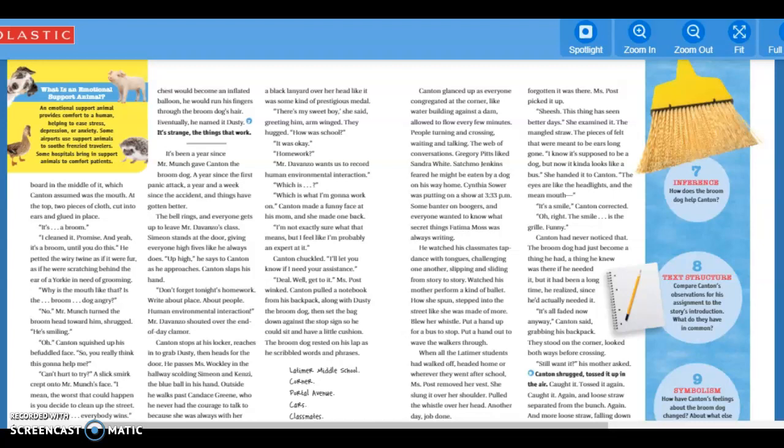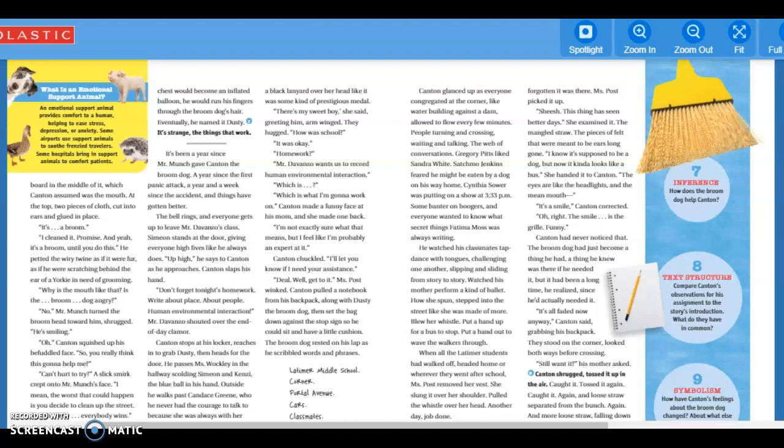The next question is an inferencing question, and now we know when we inference that we have to use our background knowledge. Okay, so I want you to think a little bit about things that maybe have helped you in the past when you were struggling with something.